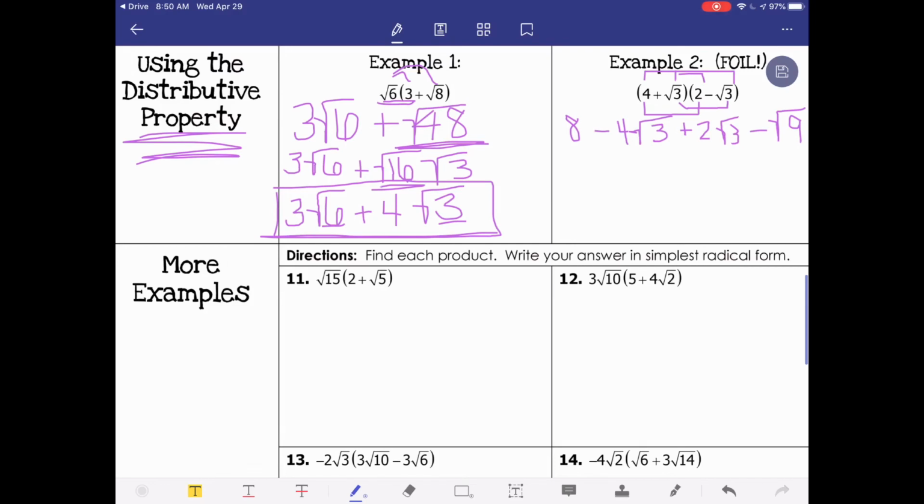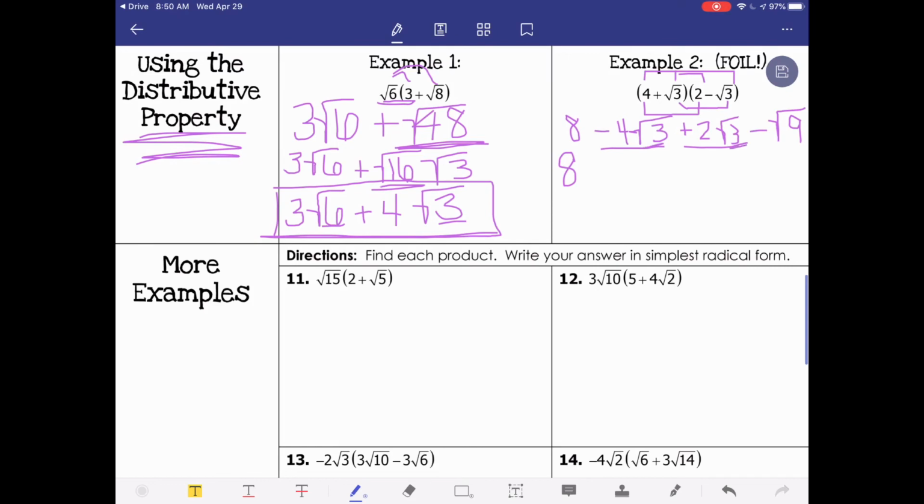Next, I'm going to go ahead and simplify this. So going left to right, since it's all addition and subtraction, I don't have to worry about order of operations. I have 8, can't do anything with that. So 8. And then I have negative 4 times radical 3 plus 2 radical 3. I can combine these two because they are like terms since they both have the same radicand.